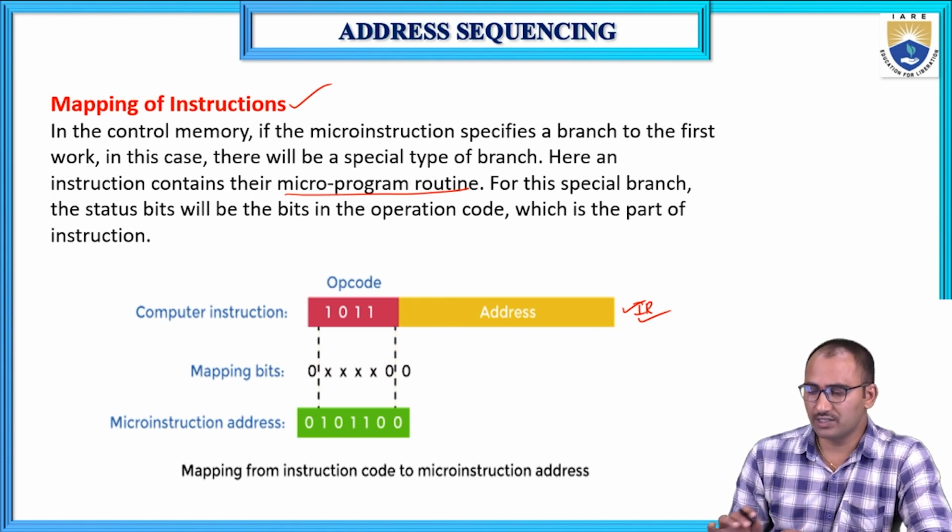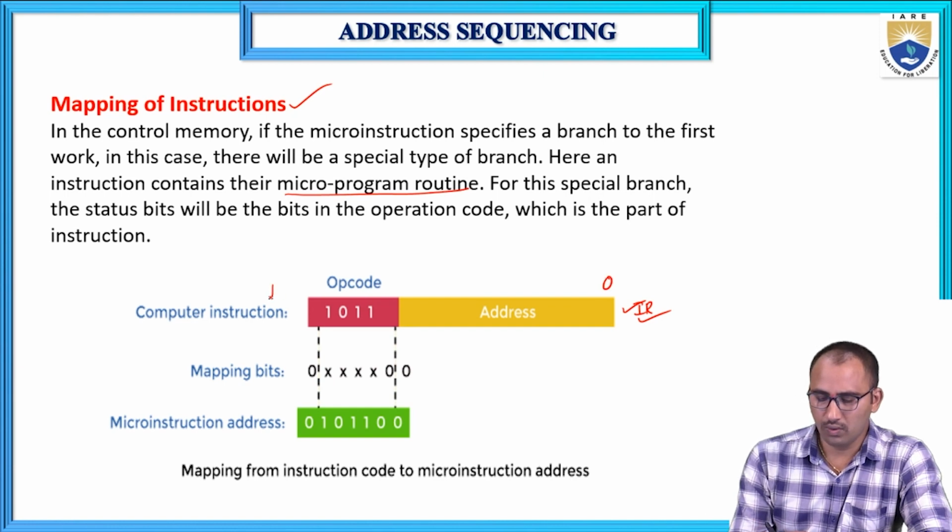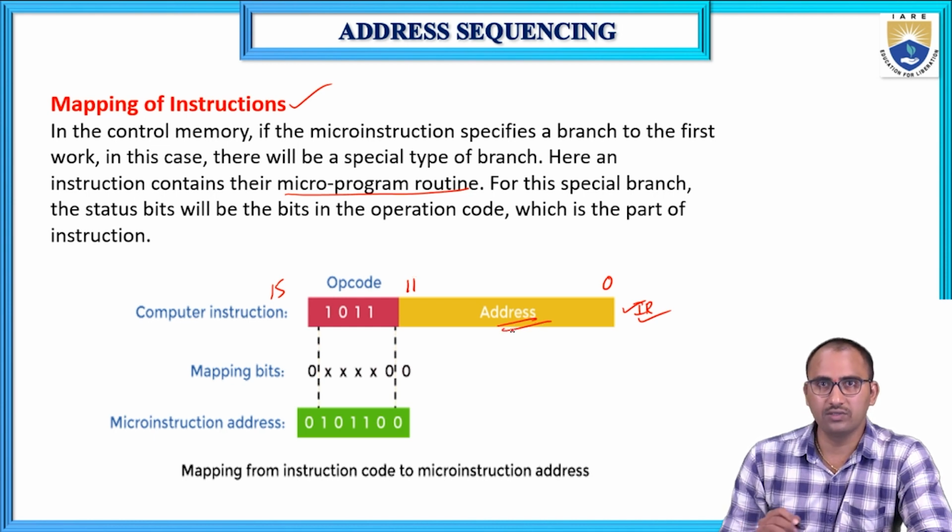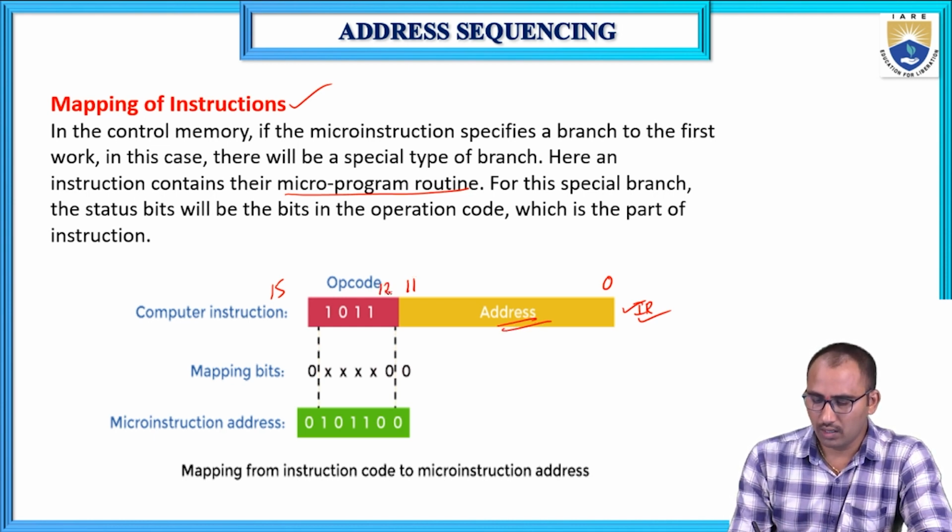Okay. The size of the instruction register is 0 to 15. Bits 0 to 11 represent the address of the operand, and bits 12, 13, 14 represent the opcode, and the 15th bit is the I bit.